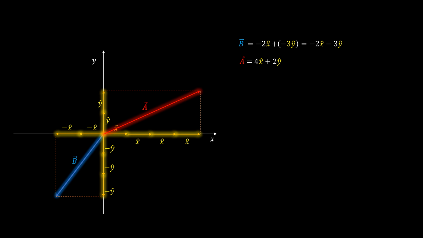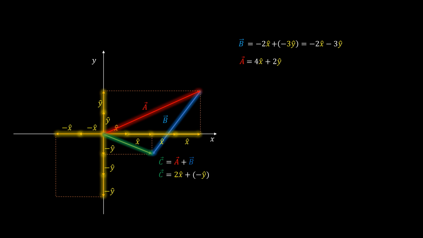We can add vector B to vector A by using geometric construction. Shift vector B parallel to itself until its tail is at the head of vector A. The vector sum A plus B is a vector C drawn from the tail of A to the head of B. Now we can write vector C as two x hat vectors minus one y hat vector.